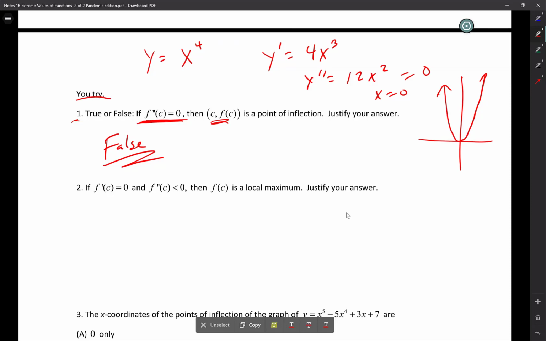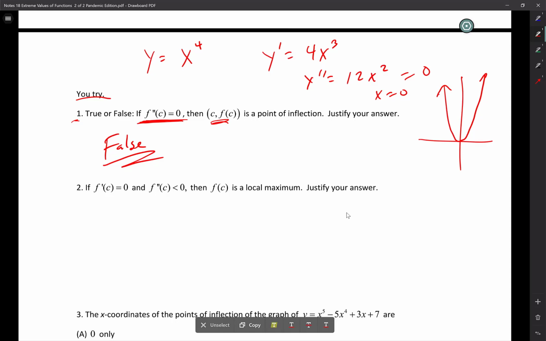Then if it had said f prime of c equals 0 is a point of inflection, would it be when the first derivative changes signs? No, when the first derivative changes signs, that's when you have a max or a min on f, because you just went from positive slopes to negative slopes. So you went from an increasing function to a decreasing function.